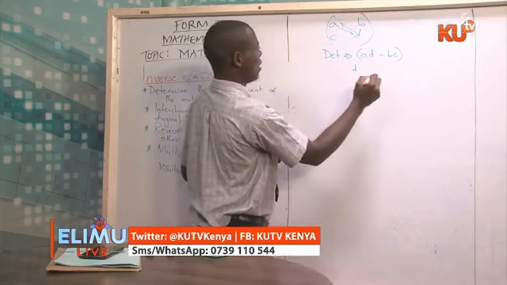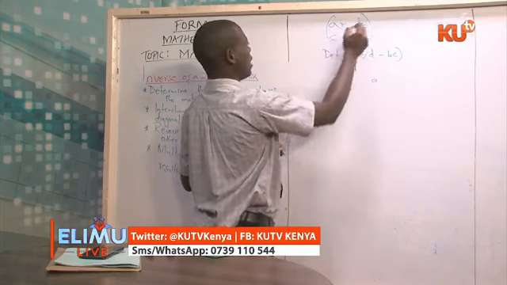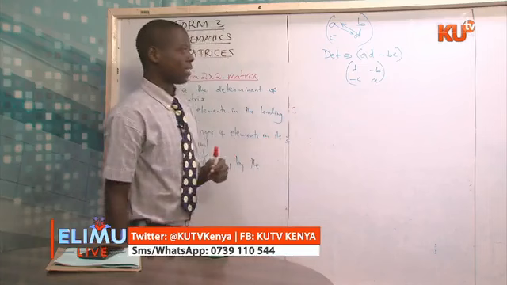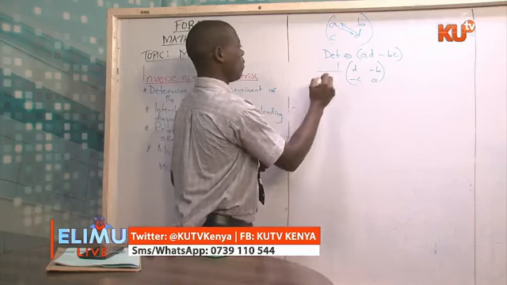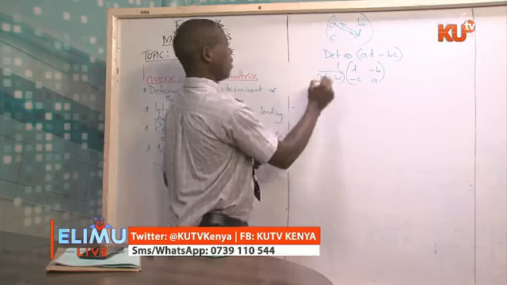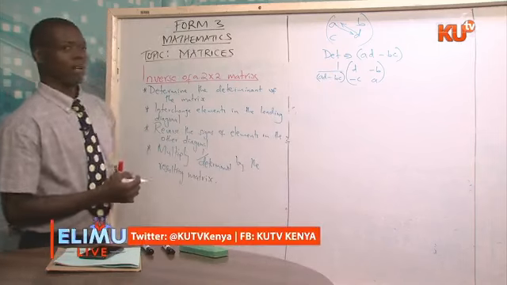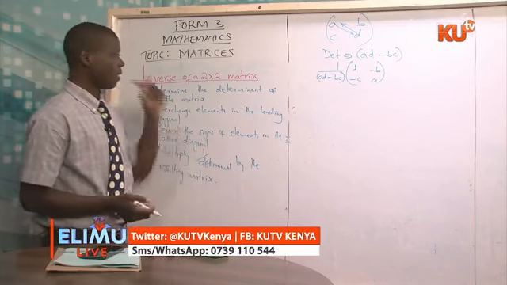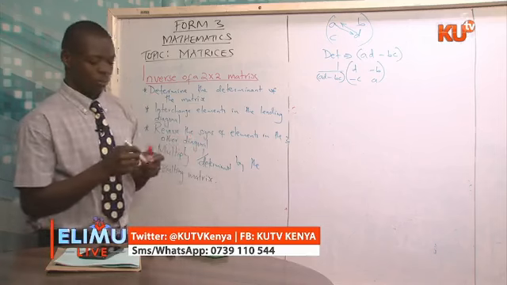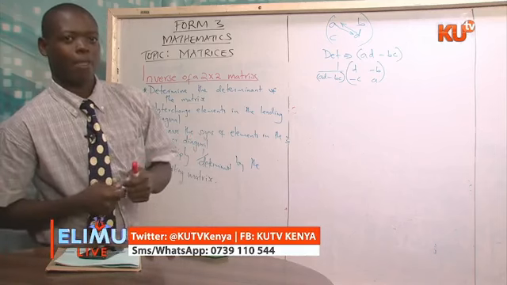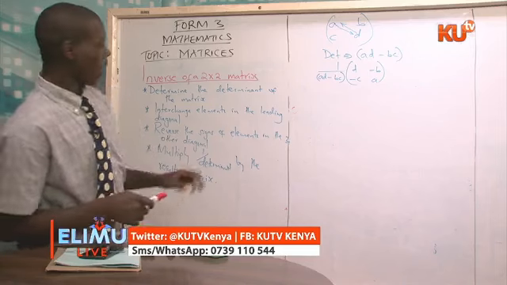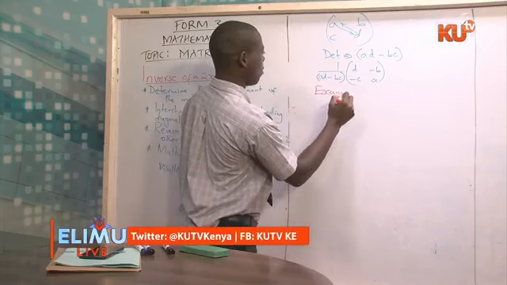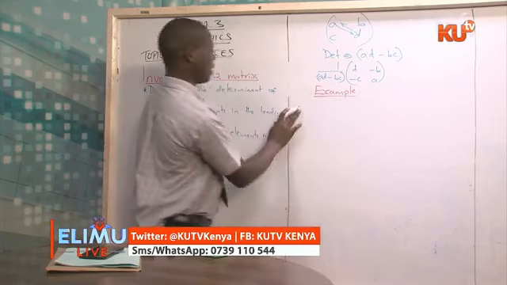So you'll have D, A. And then change the signs, negative B, negative C. So this is the resulting matrix, which you now multiply by 1 over AD less BC. You will now be able to obtain the inverse of a 2 by 2 matrix. It's a very simple step that you need to follow to get to the inverse. So students, having explained this, let's look at these examples together and see how practically you can obtain the inverse.